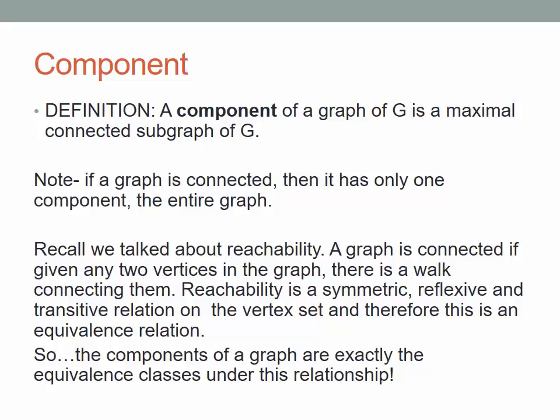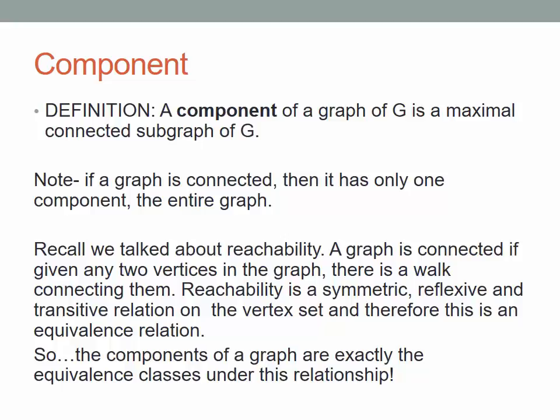Now, for those of you who are familiar with an equivalence relation on a set, reachability is an equivalence relation on a set of vertices. An equivalence relation has to be reflexive, symmetric, and transitive.